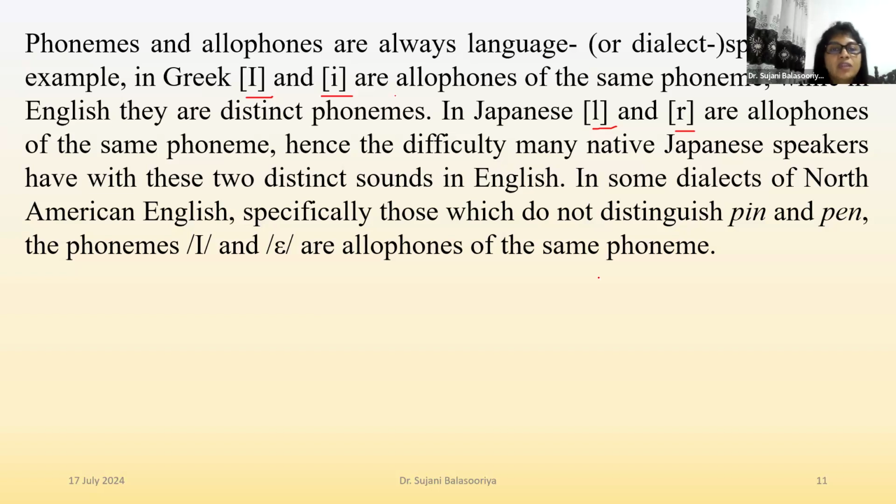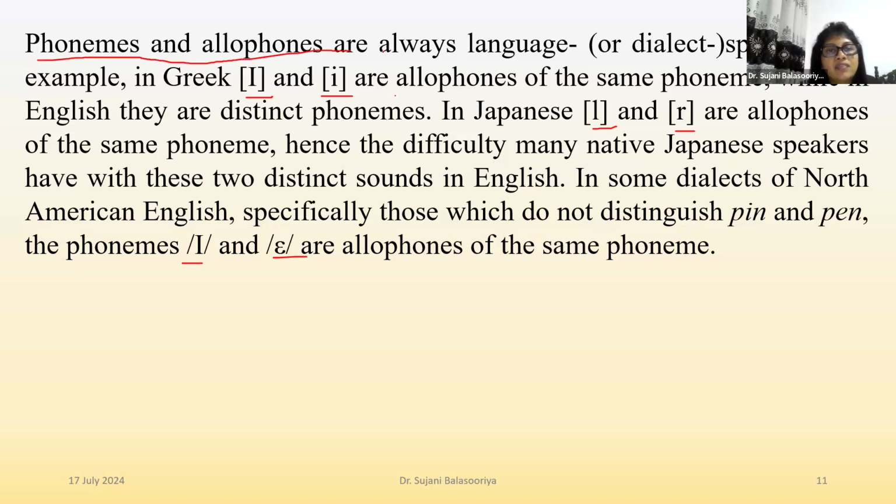In North American English, the phonemes E and A, these two are allophones. But in British English, as well as standard American English, E and A are two different phonemes. Okay, right. So this is the point I wanted to make.